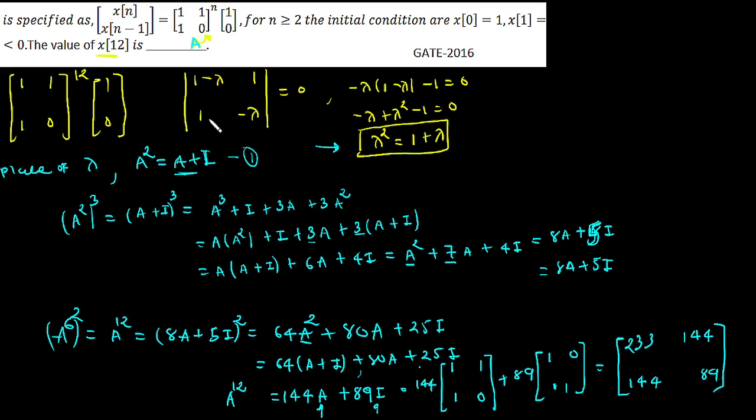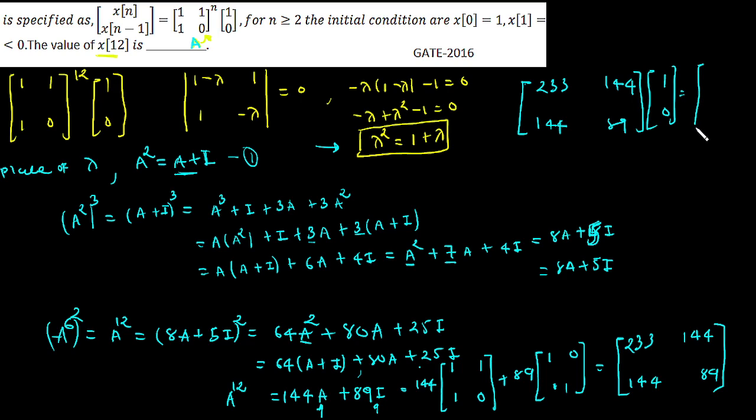Now we have to do the multiplication with this vector 1 0. So let's write this A to the 12 matrix here, which is 233, 144, 144, 89. And let's do the multiplication with this vector.